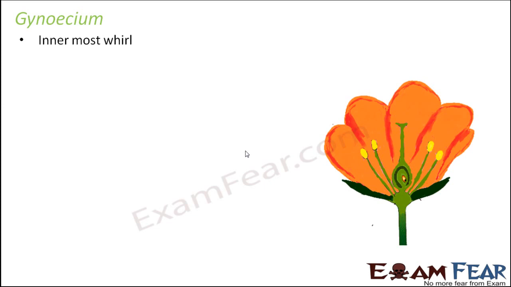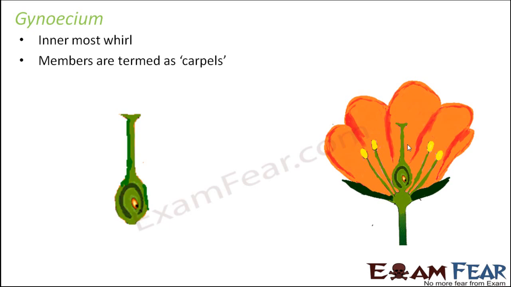Okay, fine. So let us now talk about the fourth whorl, that is gynoecium. This is going to be the innermost whorl. You can see this as the innermost and the central whorl of the flower. The members are termed as carpel. If you look at the structure of a carpel in detail, this is how it looks.